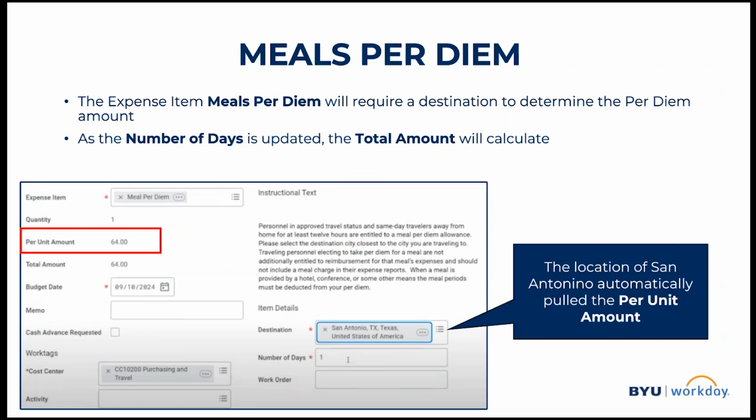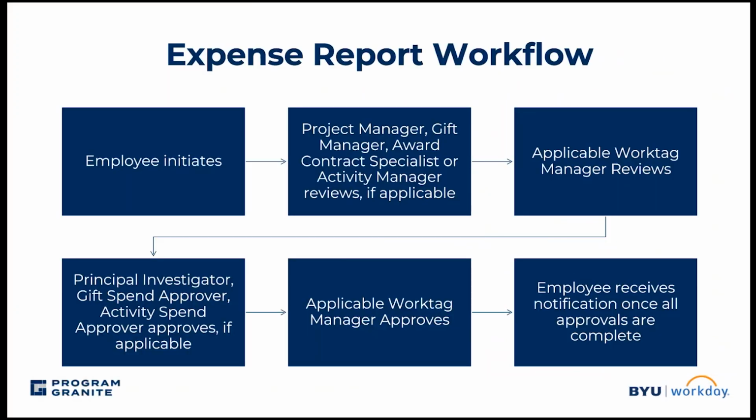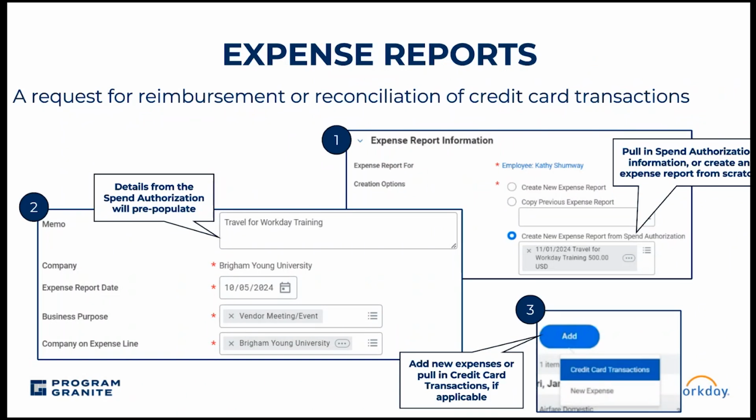All right. Now we're gonna talk about expense reports. Okay, so expense reports are gonna follow the same workflow that we've kind of talked about already. So when you go into create, you'll create an expense report, not a spend authorization.